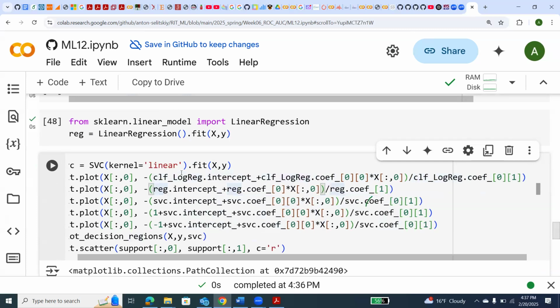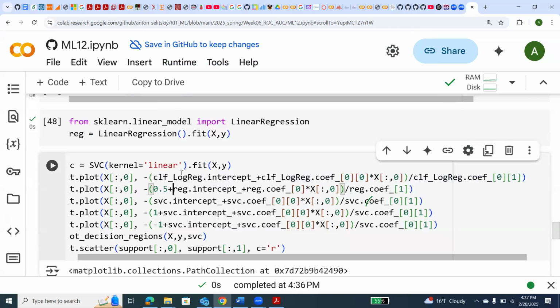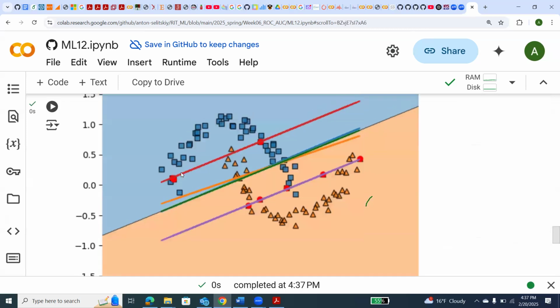But for linear regression, because labels are 0 and 1, the decision boundary will be 0.5. So I should subtract 0.5. So you can see that the green line is the support vector machine, the blue line is logistic regression, and the orange line is the linear regression. So they result in slightly different decision boundaries.